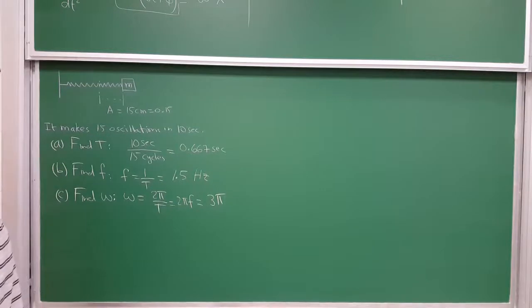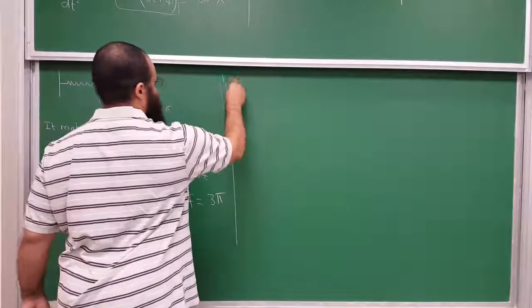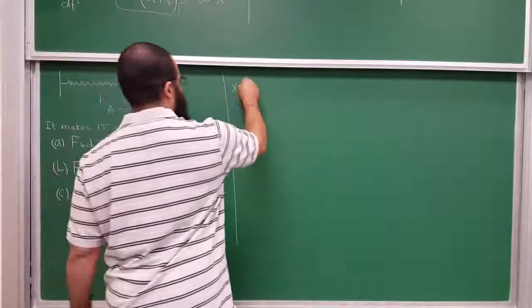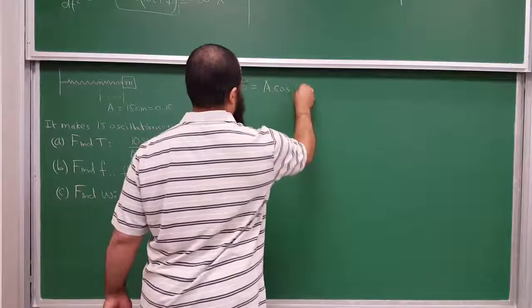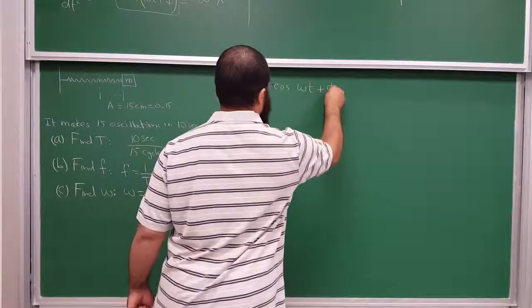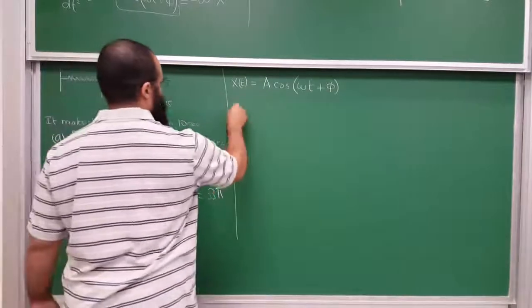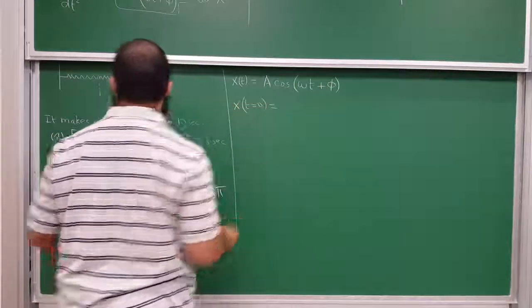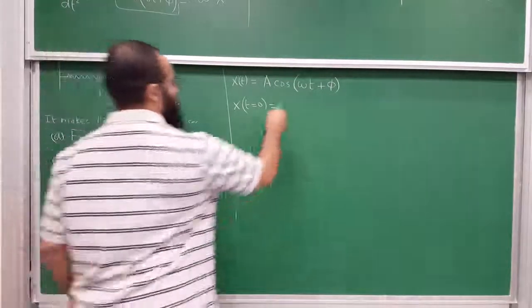Okay, so now find the position as a function of time. What is x as a function of time? Well, I know that this is a spring mass system, so x as a function of time is A times the cosine of omega t plus phi. At t equal to 0, x was 0.15, the amplitude.